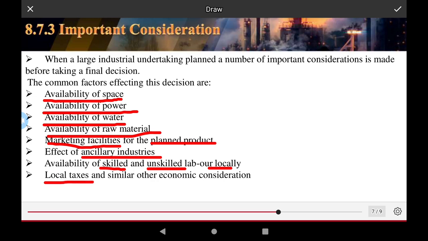Taxes and similar economic considerations are also very important.